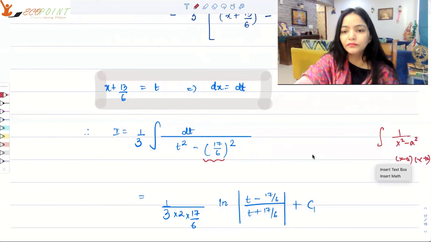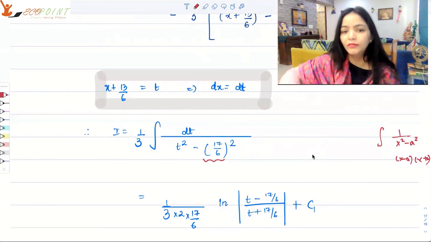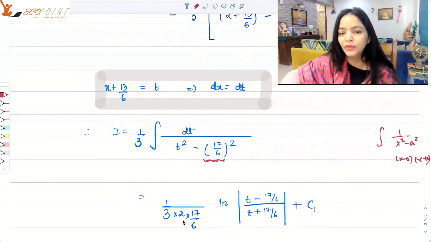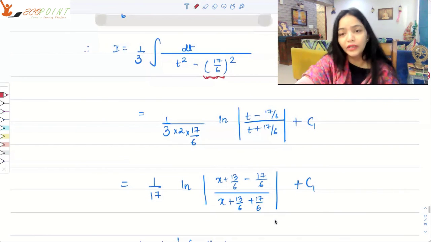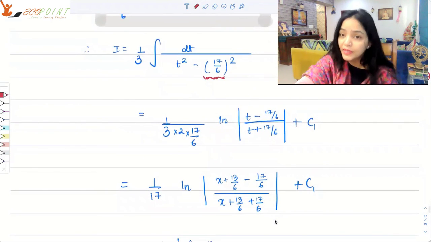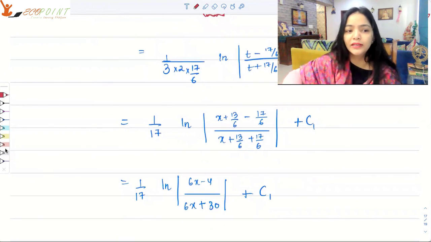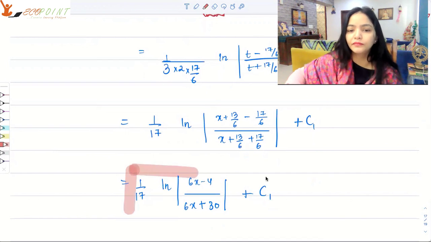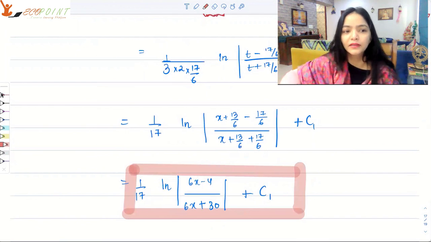So 1 upon 3 is outside, then you have 2a, where a is 17 by 6, so 1 upon 2a log x minus a upon x plus a. And then in place of t, you can write down what t is. It is x plus 13 by 6, so just put it there and your answer will be like this in terms of x. This is what you get in terms of x, okay?